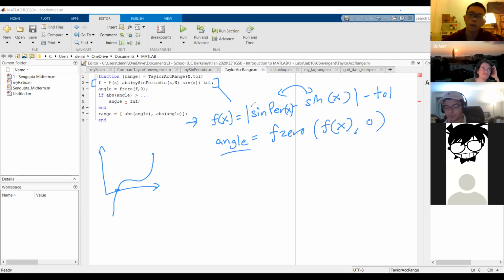If this is 0 and then, no, wait, hold on. No, not perfect match. When is this going to be equal to the tolerance? So when does this stop being an adequate approximation of sine of x?